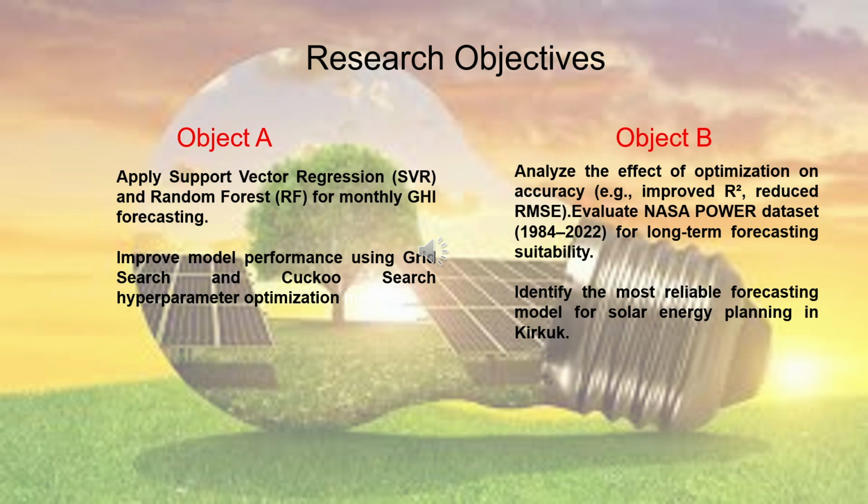Second, analyze the effect of optimization on accuracy, for example, improved R-square, reduced RMSE. Evaluating NASA Power dataset for long-term forecasting suitability, identify the most reliable forecasting model for solar energy planning in Kirkuk. We have two objectives, objective A and objective B.